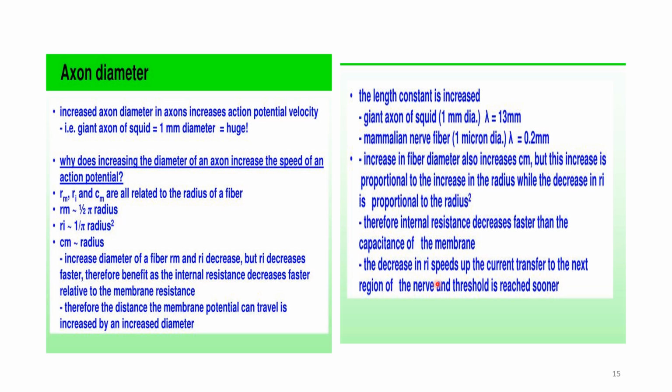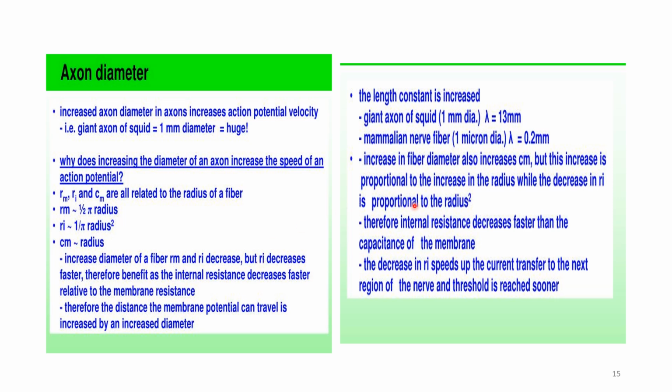The decrease in Ri speeds up the current to travel faster to the next region of the nerve, and threshold is reached sooner. So, the radius, that is the diameter of the nerve fiber, is related to three important things: resistance of the membrane and resistance of the axoplasm, which are inversely proportional, and capacitance, which is directly proportional.